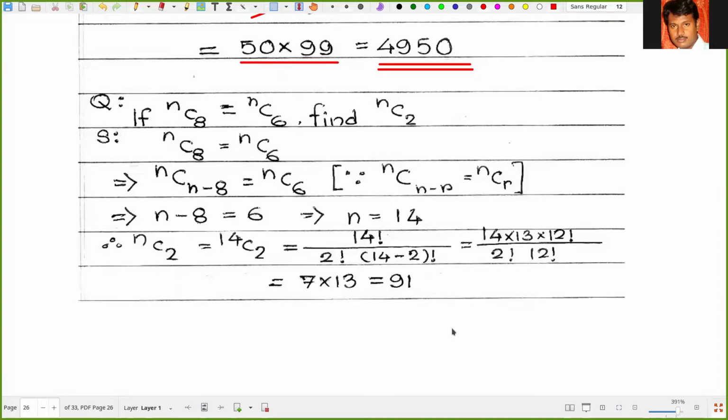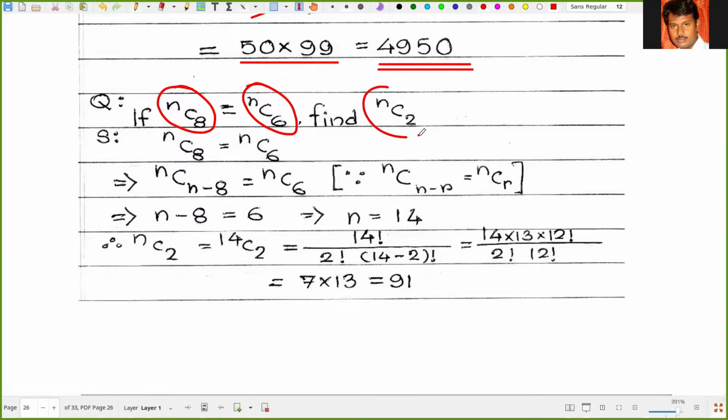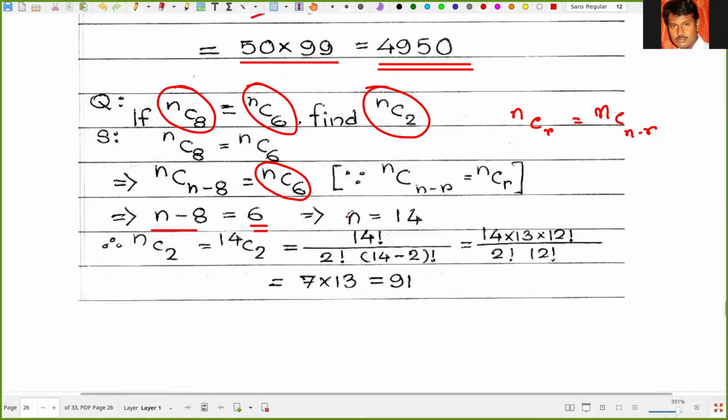Let's check another example. If nC8 is equal to nC6, then find nC2. We can write nC8 as nC(n minus 8), because nCr can be written as nC(n minus r). So we can say n minus 8 is equal to 6, or n is equal to 14.